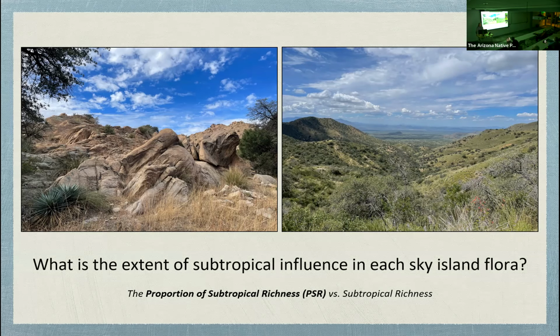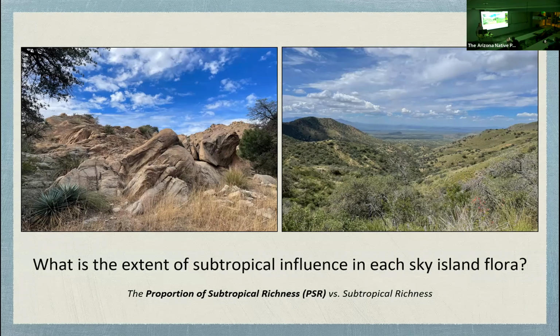The problem with that is that it doesn't really allow us to look at what factors are driving the subtropical plant occurrence, because Sky Islands that are much larger areas are going to more likely have more subtropical plants than smaller ones. For instance, Santa Catalina, one of our bigger Sky Islands that has the largest known species richness, is going to likely have more subtropical plants than a smaller range like Baboquivari.